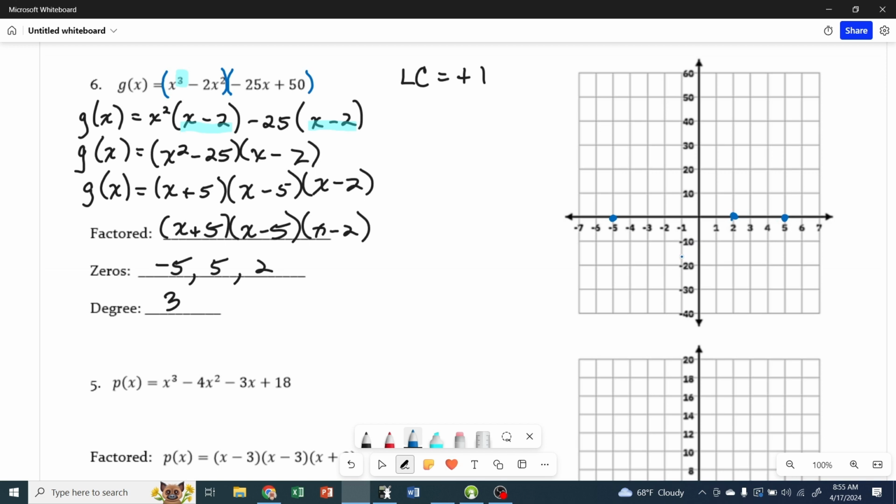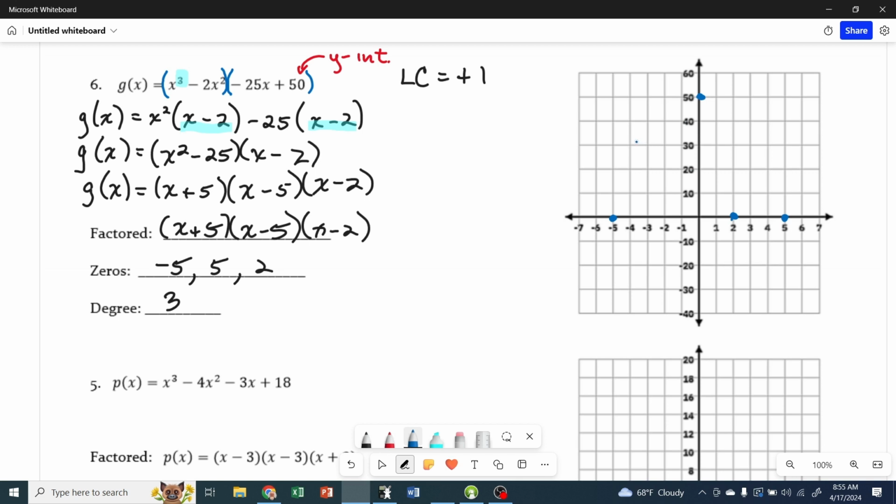Okay, next, I'm going to graph my y-intercept, right? The y-intercept was, let's move that over here. The y-intercept is right there. Okay, so that's going to be 50, so I'm going to put that up here.